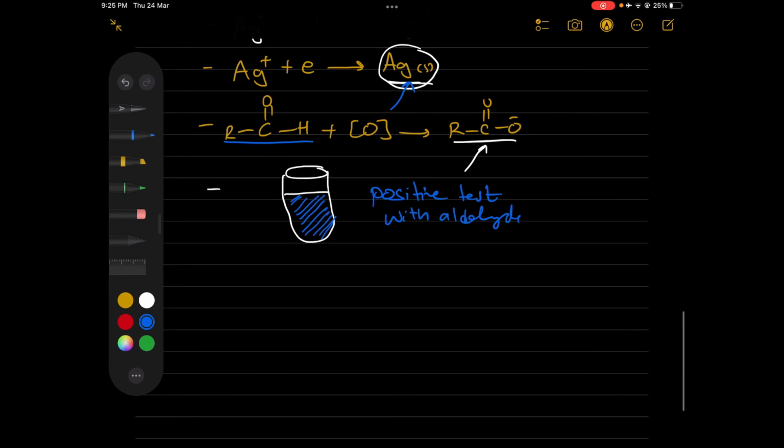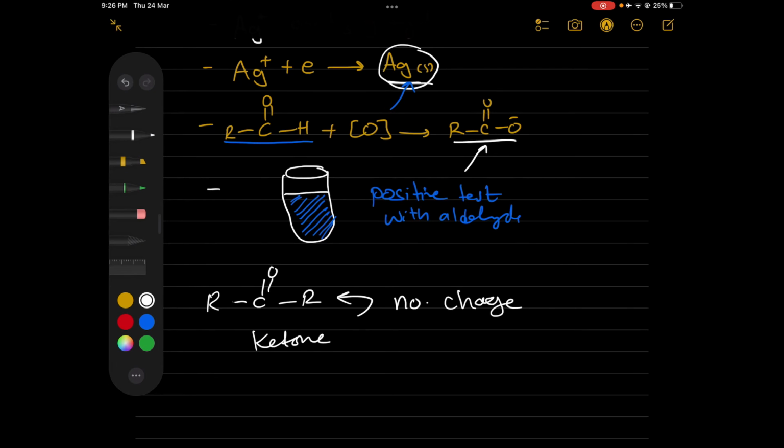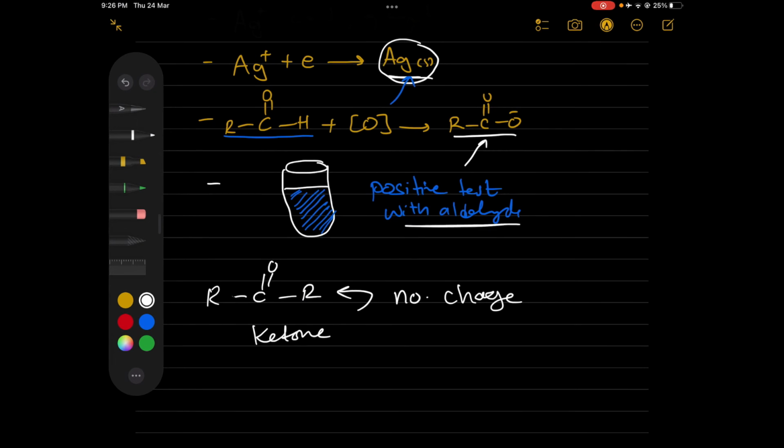And if your carbonyl compound is a ketone, then the silver ions are unable to oxidize the ketone. No change with ketones. So the Tollens test gives a positive test with aldehydes and a negative test with ketones.